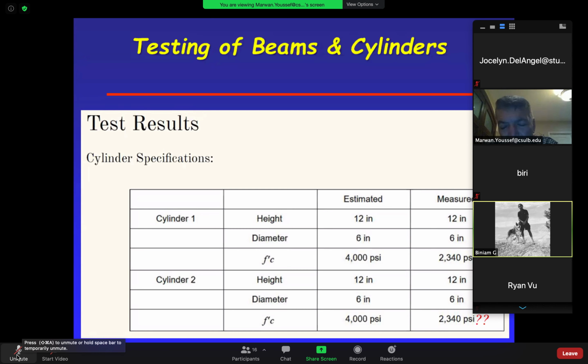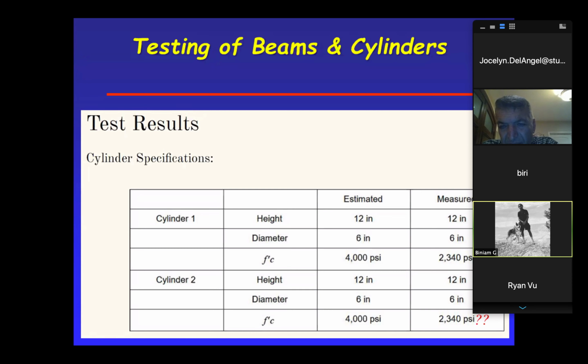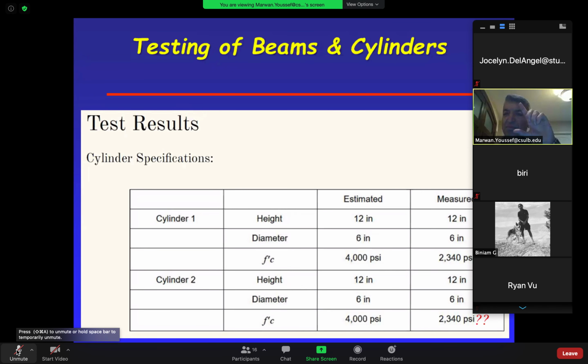So when you do this, let's say you want your estimate to be 4,000. What about if it was like 3,900? Sometimes there's a tolerance there, just like everything else. There's a tolerance that the code allows. If you are within that tolerance, it's fine. But if you're not, then not the contractor, not the engineer, not the owner, the company that delivered the concrete to you is responsible.